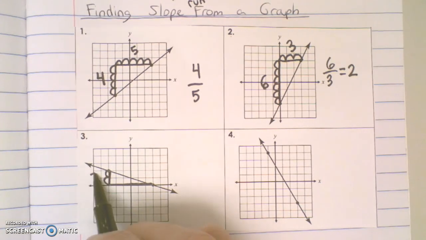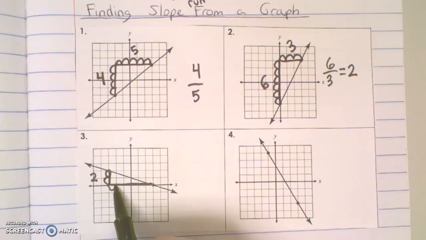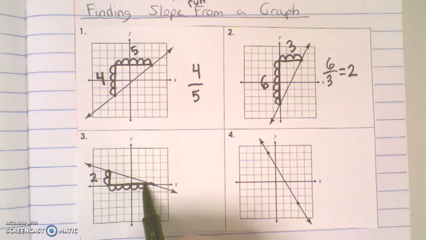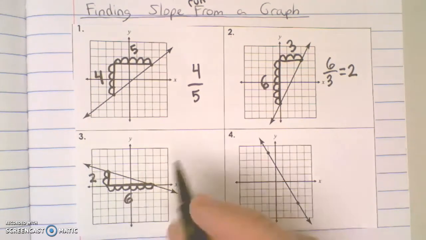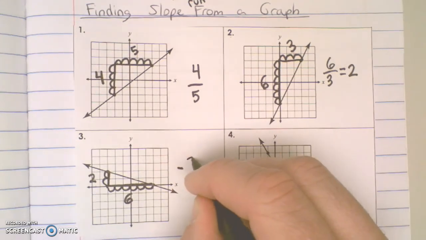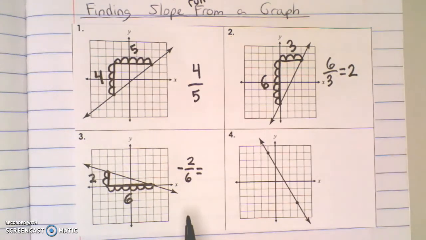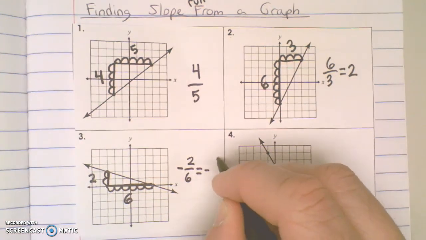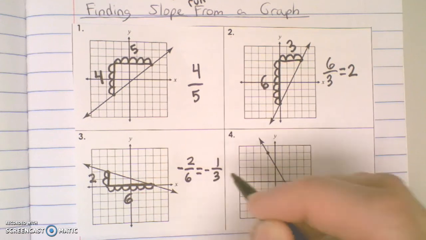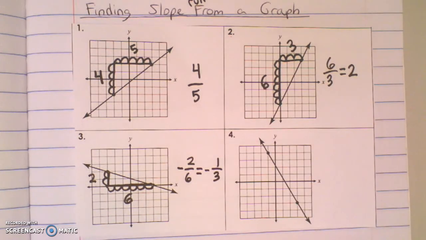So I went down 2 spaces here and over 1, 2, 3, 4, 5, 6. So because I went down, it's negative. And I can simplify this fraction because 2 over 6, remember each of those numbers is divisible by 2. So that means I can divide 2 by 2 and 6 by 2. It still stays negative, 1 over 3, because 2 divided by 2 is 1, and 6 divided by 2 is 3.